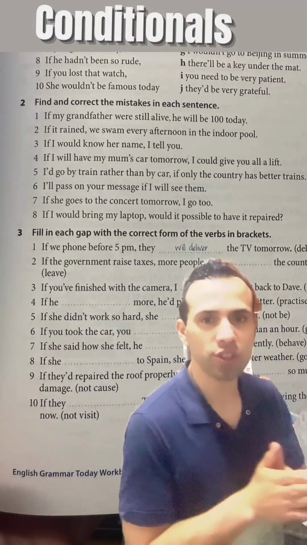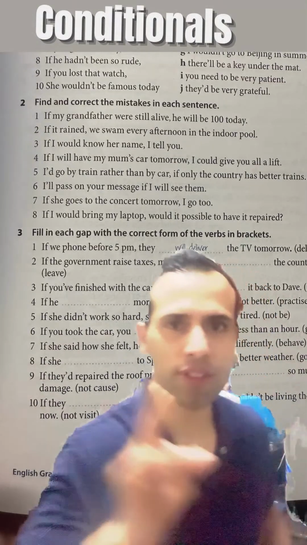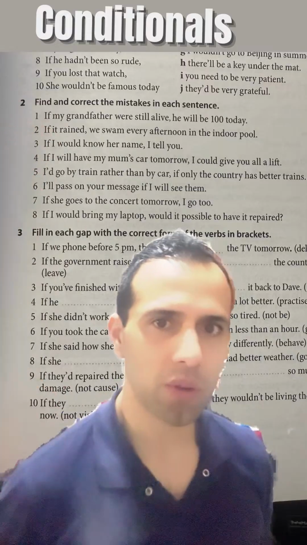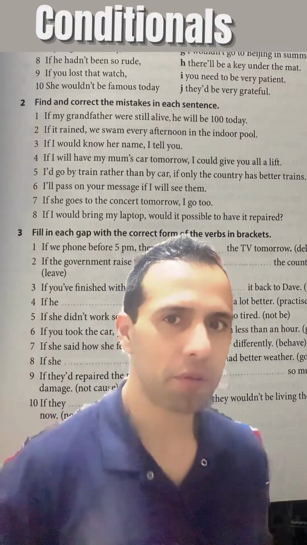We're talking about conditionals in English. And basically, we're going to do this exercise number 2. Right? You've got to find and correct the mistakes in each sentence. What about sentence number 1?